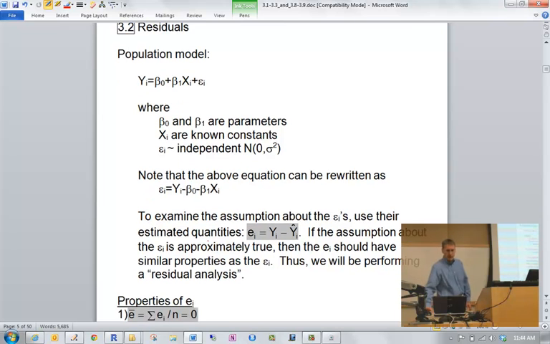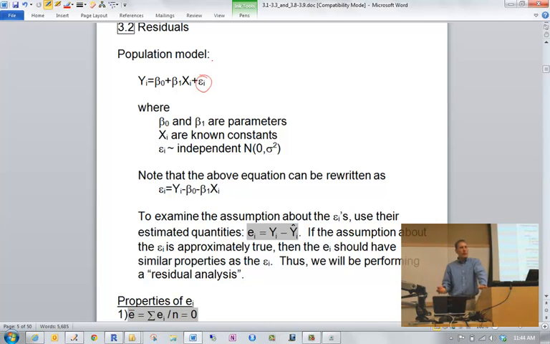Okay. So most of the remaining chapter 3 is going to talk about residuals. And these residuals give us a lot of good information about our model. So remember, a lot of the underlying assumptions that we have in our model correspond to these epsilons.